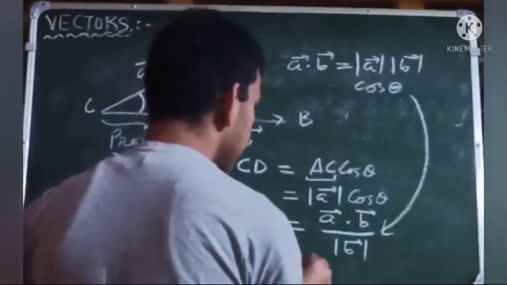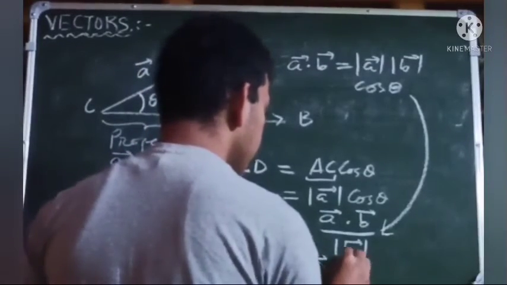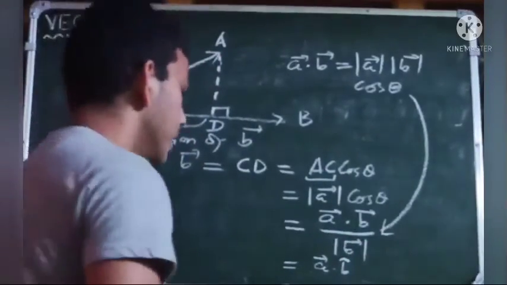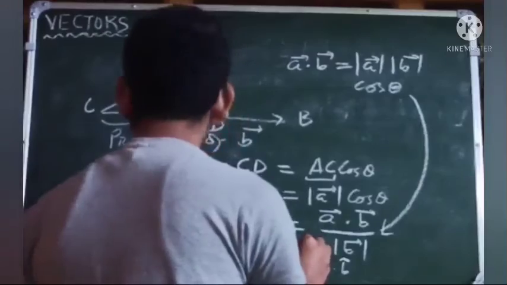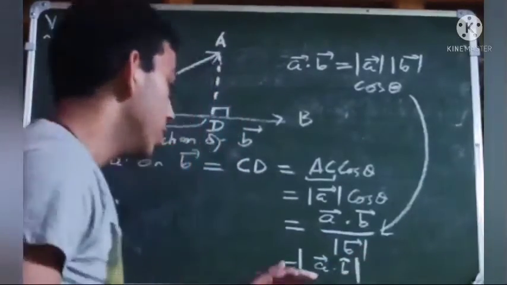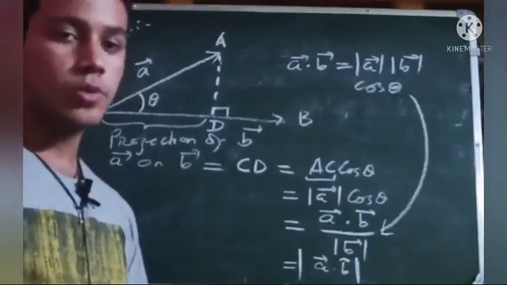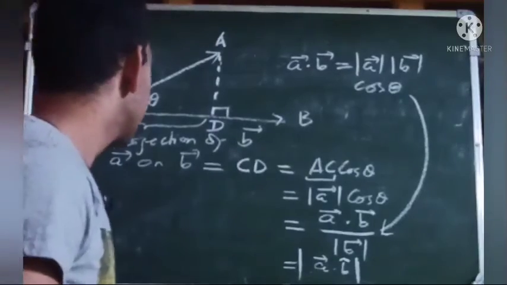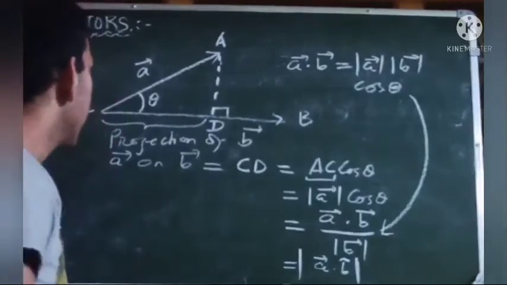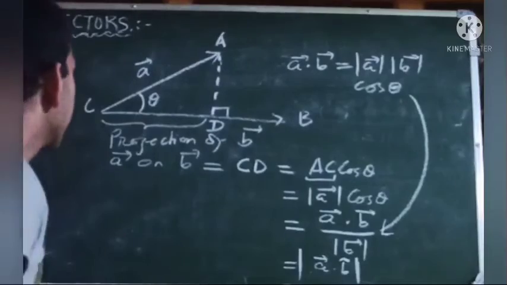So we will get A vector dot B cap, because B vector divided by magnitude of B vector is going to be B cap, and the overall will be positive as a whole, as a result of which we are putting the modulus sign so that the term is always positive or 0. It should never be negative. In this way, we can write the projection of any vector along another vector.